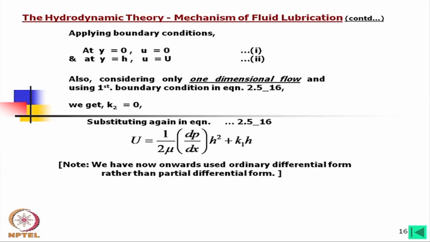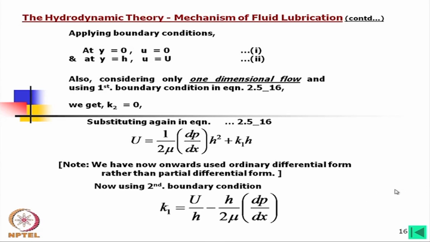But here, as we are considering only one direction, we will write the equation in this form. Now, using the second boundary condition, we get k1 is equal to U by h minus h by 2 mu dp by dx.